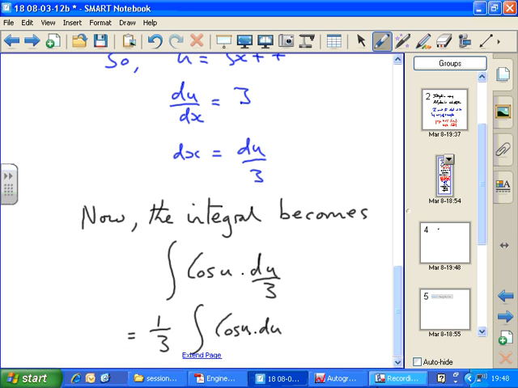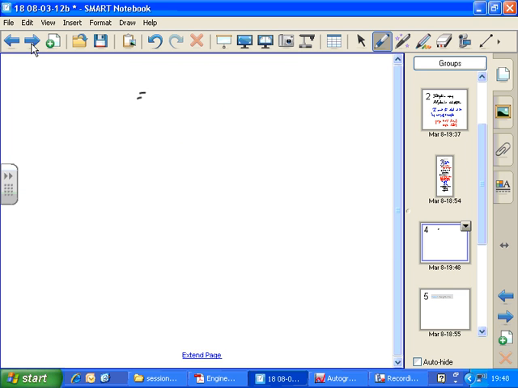It's sine u, but the number in front of u is just a 1, so it's like sine u over 1, which is just sine u. So this becomes 1/3 of sine u plus c. Always add that constant of integration. It's not a definite integral, so I need to add that c.